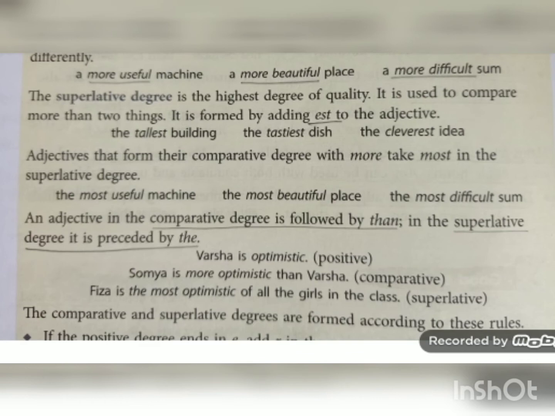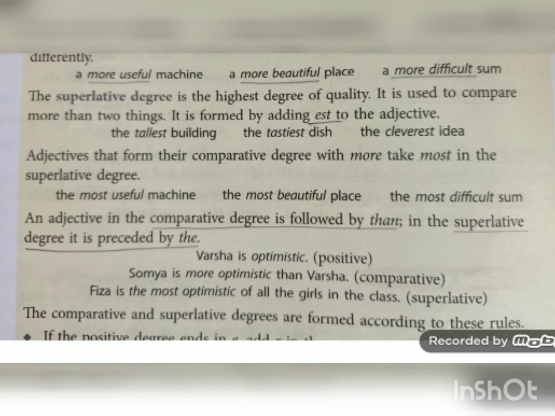if I say Varsha is optimistic, optimistic here is the adjective which is in positive degree, because here Varsha is not compared with anyone. So Varsha is optimistic. Soumya is more optimistic than Varsha. Here Soumya and Varsha, two nouns are there, so we are comparing Soumya with Varsha.